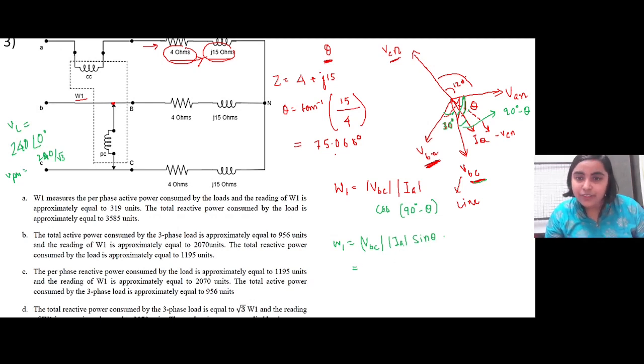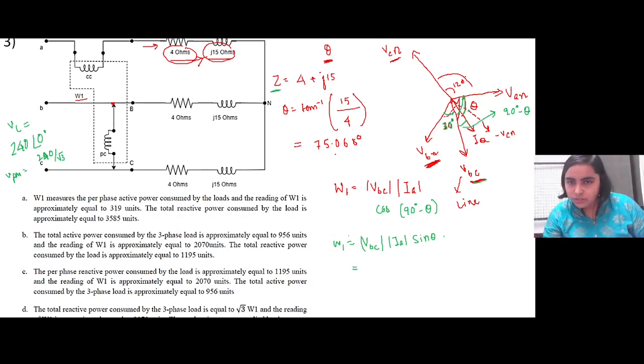IA, we have to calculate IA. We have Z here, and Z's value is given. Let us first calculate the line current, then it will be easier.